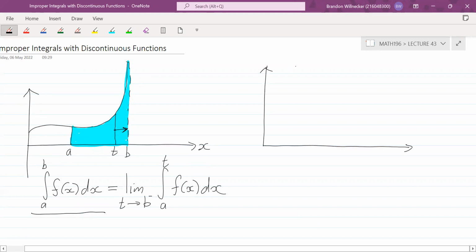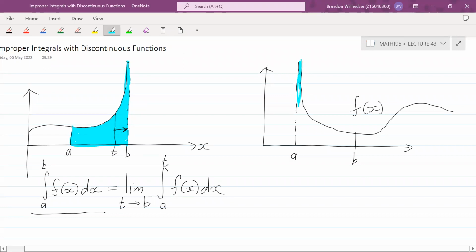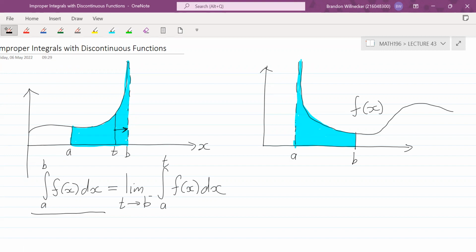So let's say we've got an asymptote here, and then our function does something like that. So here's our function f. Okay, and we want to go from a to b, where a is an asymptote. So we want to find this area here. Now, again, we can't just substitute this value a because the function is infinite there. So instead, we take the limit as t approaches a.